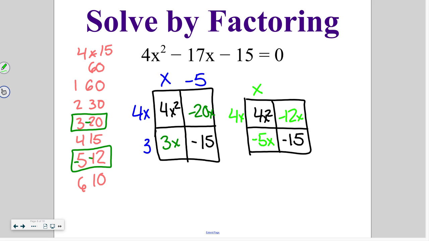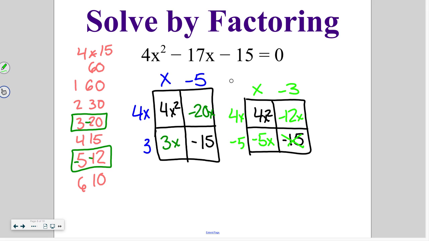Multiplying, we get 4x on the side. X times negative 5 is negative 5x. 4 times negative 3 is negative 12x. But doing that last double check, negative 5 times negative 3 is a positive 15, not a negative 15. So that last box doesn't actually work out.